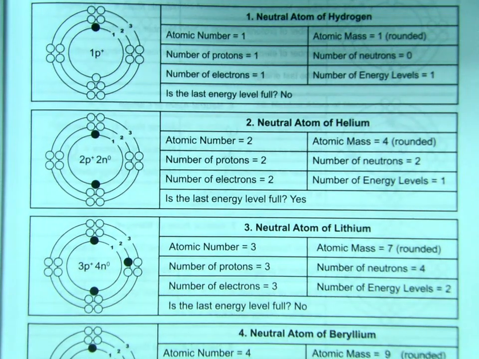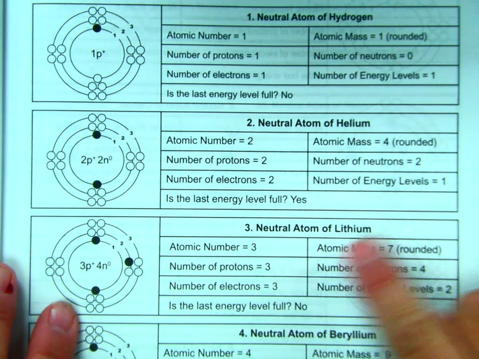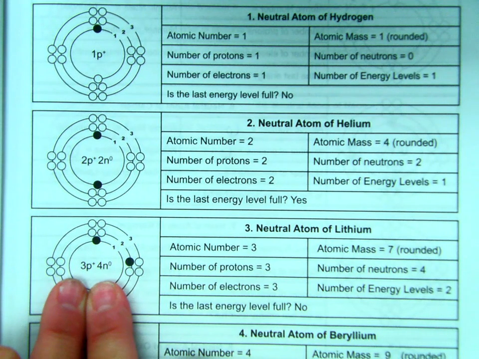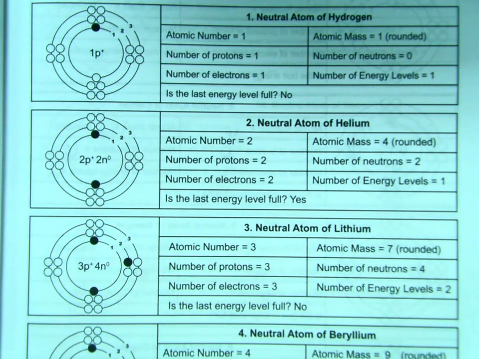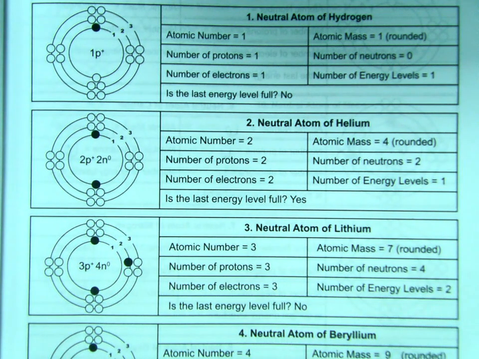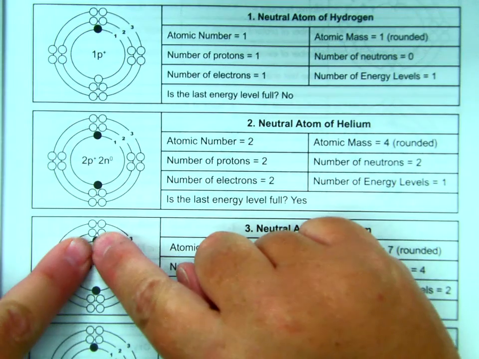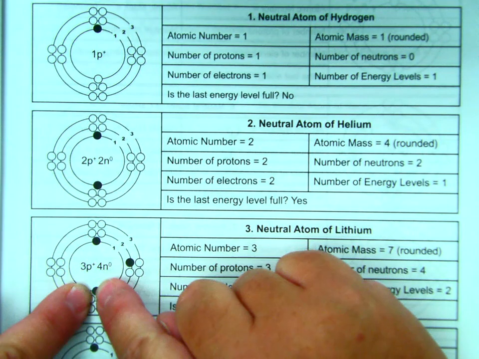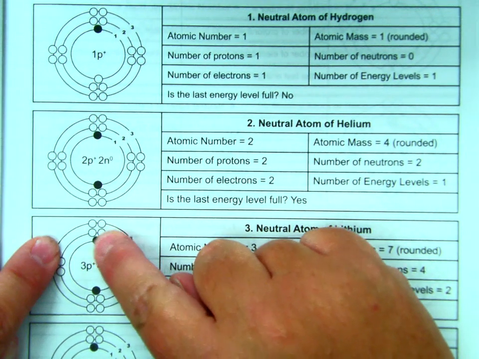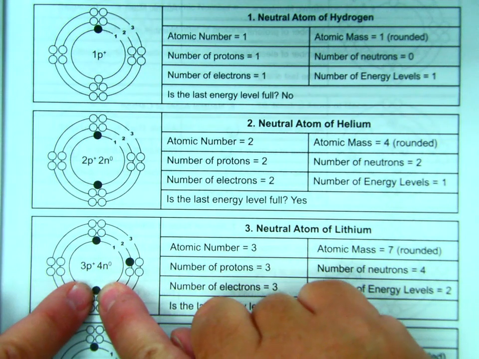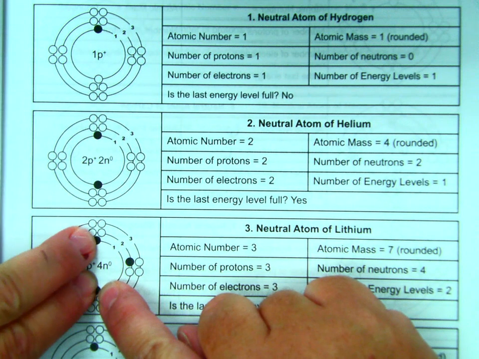Okay, number 3. We've got everything filled in. We're going to go over here. We put our protons and our neutrons in the nucleus. Then we need 3 electrons. We're not going to be able to put 3 here because remember you can only have up to 2. So you fill in 1, follow it around, fill in 2. I need 3.